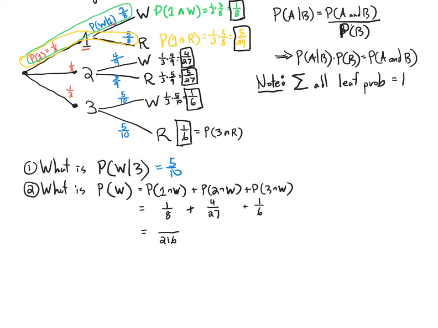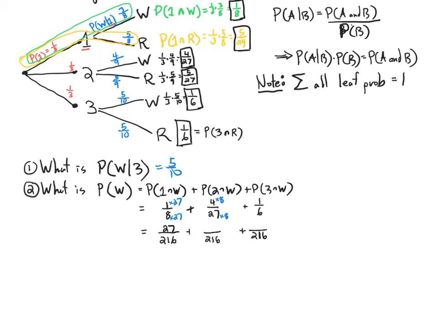So let's convert these all to over 216. Sometimes the fractions get a little big, but that's okay. And I multiplied 8 by 27 to get 216, so we'll multiply 1 by that as well. So this is 27 over 216. 27, I multiply by 8 to get 216.